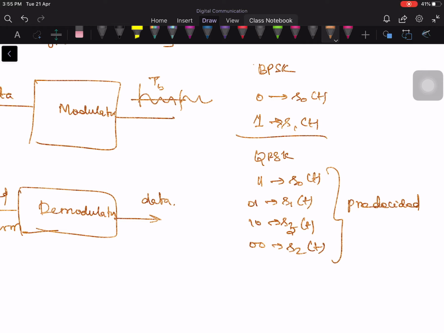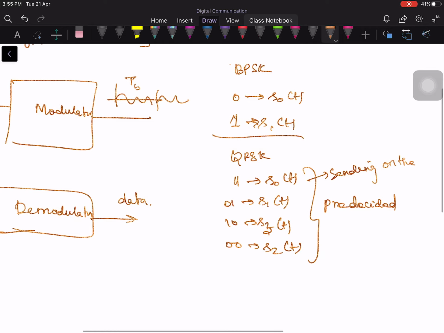Because you will not get one of these sent waveforms. These are the waveforms you are sending onto the channel, but you will not get these waveforms at the output, because they are distorted by noise, distortion, and other kinds of impairments, for example interference from other channels.